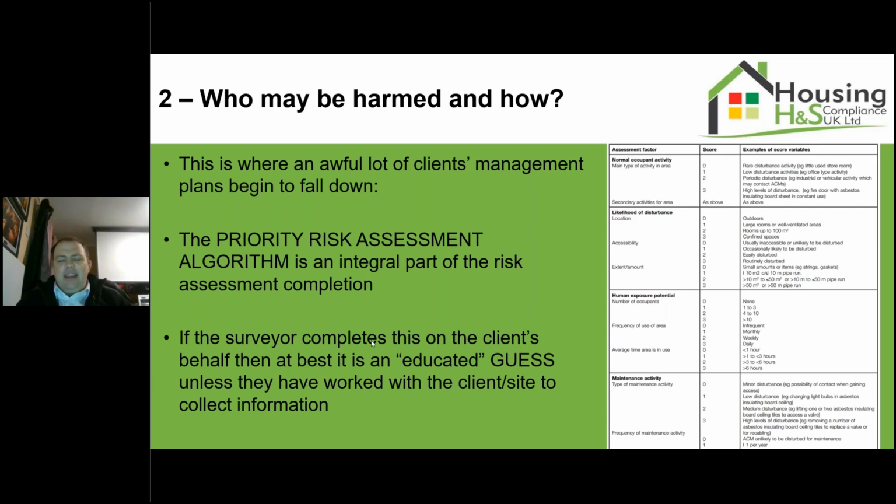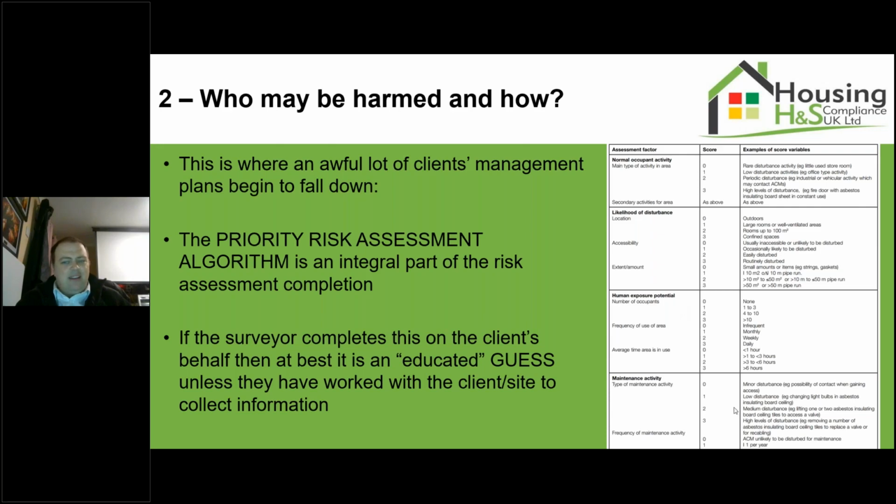But unless they work with the client, how can they ever provide anything other than an educated, albeit sometimes very well educated, guess, but still a guess? And you look at some of these topics, such as the number of occupants. As an asbestos surveyor, when I'm taking samples, the number of occupants in the room is none, because nobody is permitted to be in the room while I'm taking my samples.